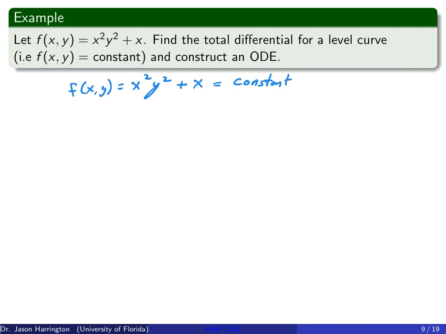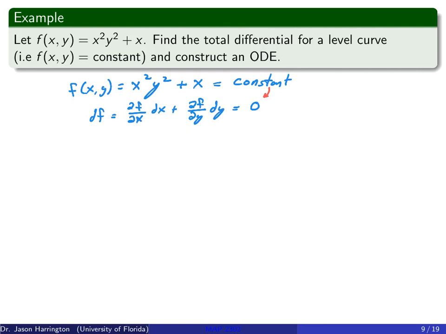Doesn't really matter what we call it. If I take the total differential, I get df is the partial of f with respect to x times dx plus the partial of f with respect to y dy. And of course the derivative of a constant is just 0.